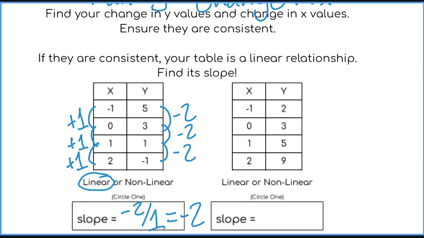For this next one, what is our change from 2 to 3? And our change from 3 to 5? And our change from 5 to 9? Now the x's: change from -1 to 0, 0 to 1, and 1 to 2.